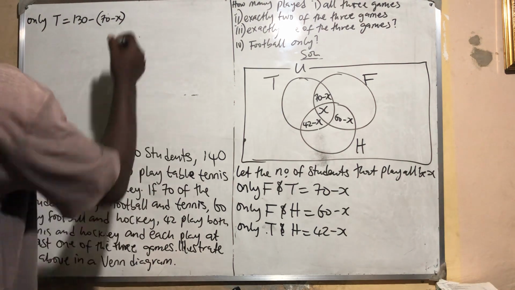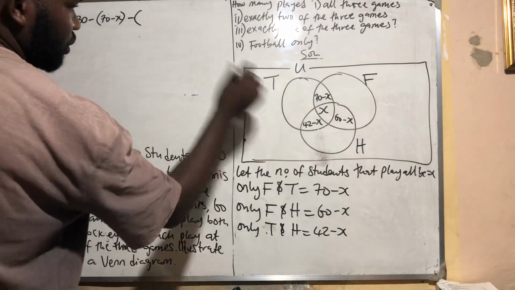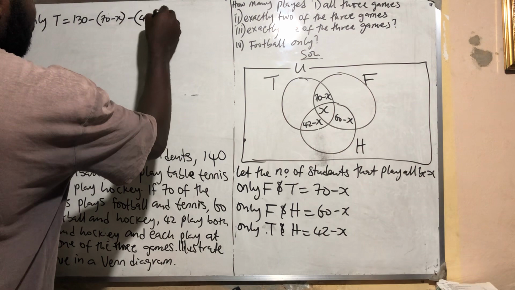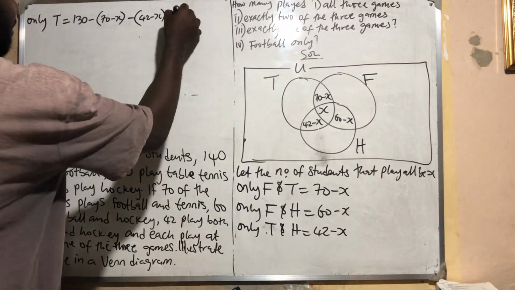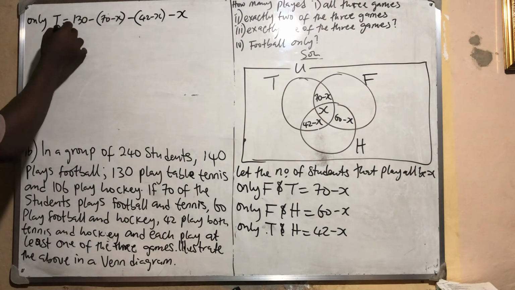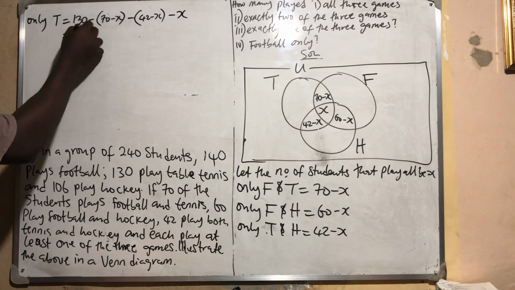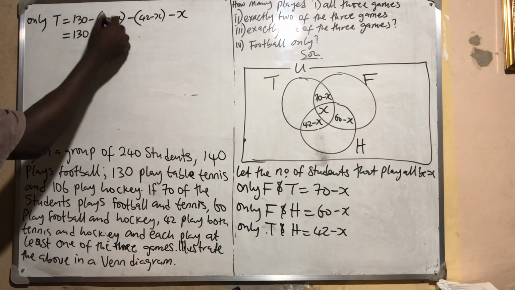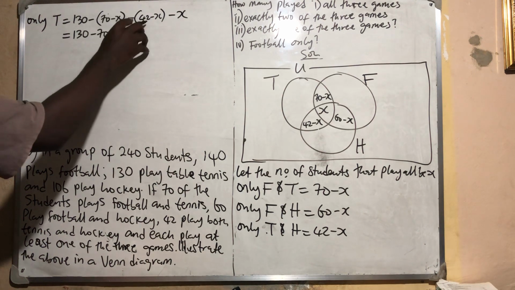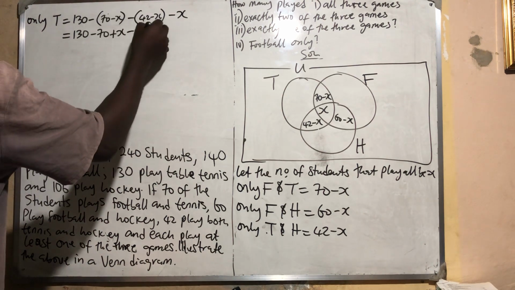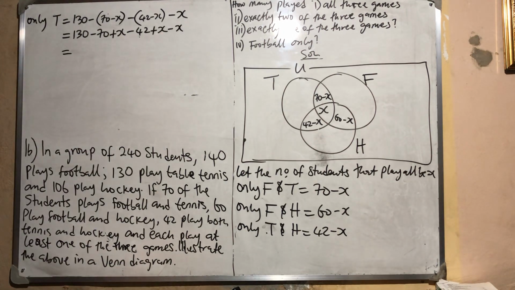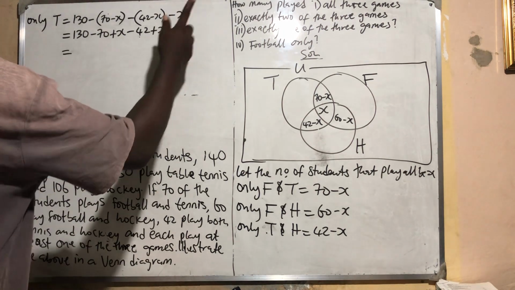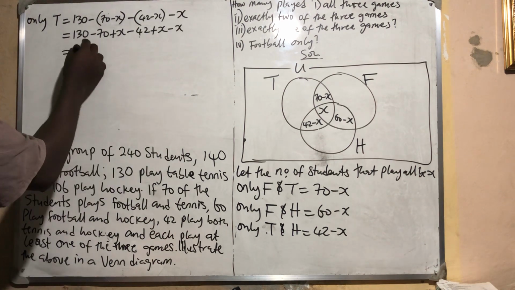So the next one is what? Minus. The next person is what? 42 minus x entered inside of this circle, and the last person that entered is what? Minus x entered. So if I clear the bracket, I'm going to have 130 minus 70 plus x, this time minus 42 plus x minus x. All right, now let's go to the side of x. x minus x is gone, so I'm left with one x here.